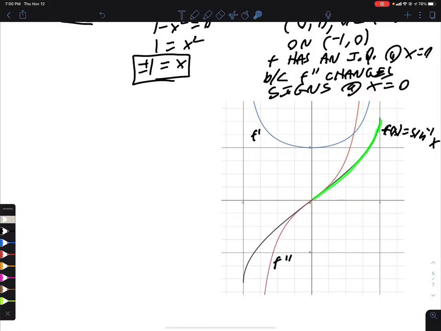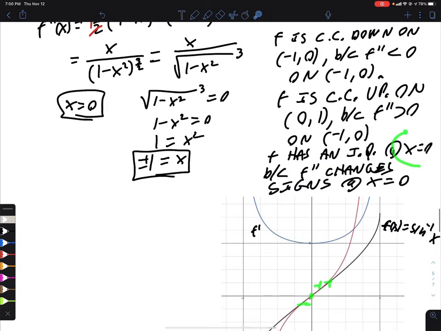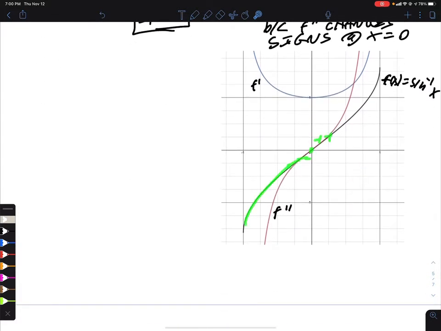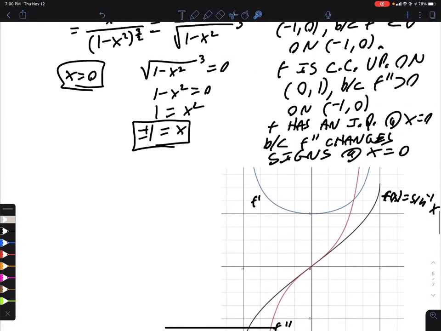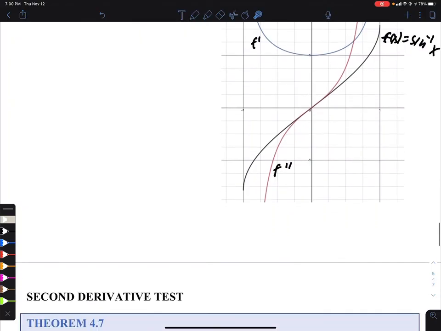And the red graph changes from negative to positive right at 0. That gives us an inflection point at 0 because f double prime changes from negative to positive. That's what we found here. Inflection point is 0. We found concave down to the left of 0, concave up to the right of 0. Yes. Everything is making sense.